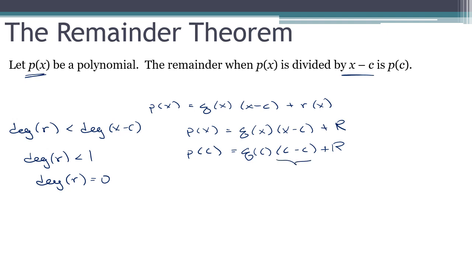C minus c, that's just 0, which means this whole term is just 0, which means p of c equals R. Or let's turn this around, because it was R that we were trying to find. R is equal to p of c. In other words, if I want to know what the remainder is when I divide p by x minus c, all I have to do is take c, this number here, substitute into the polynomial, and see what I get.